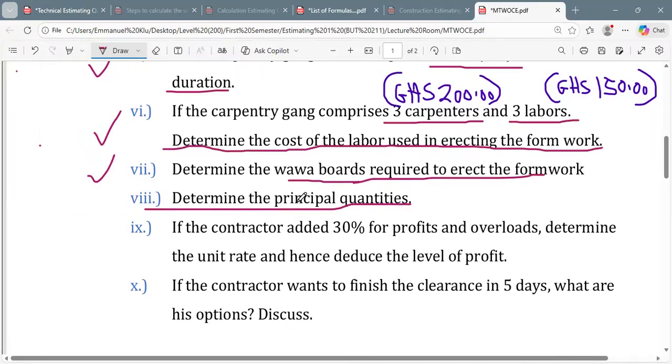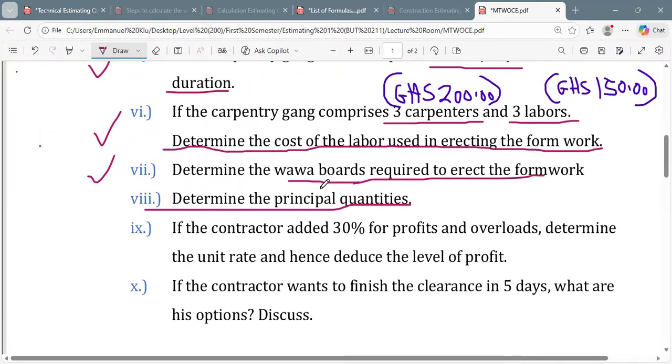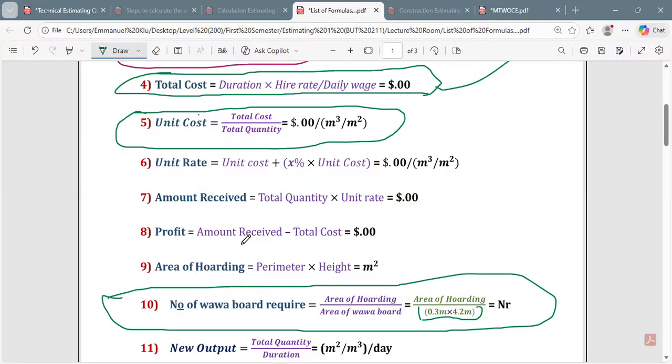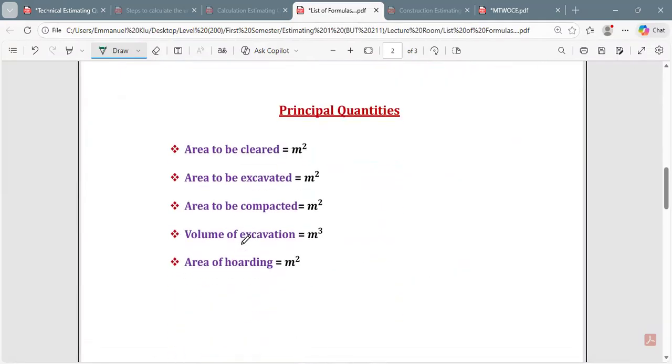Take a clear look at some of these things I've put over here for you. These are the principal quantities.